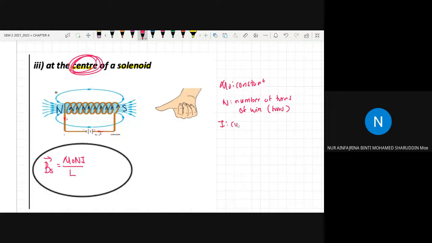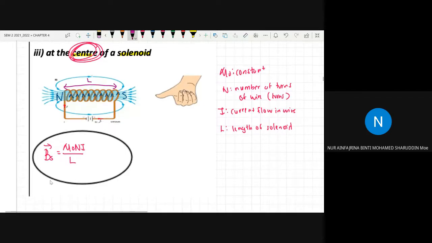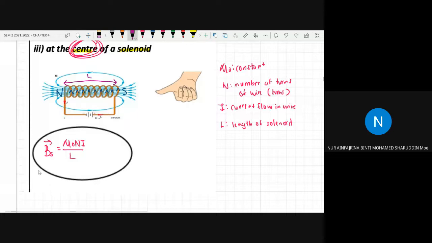I adalah current flow in wire. L adalah length of the solenoid, panjang solenoid itu. For example, awak ada solenoid panjang macam tu, inilah dia punya length. So ini untuk magnetic field at center of solenoid.